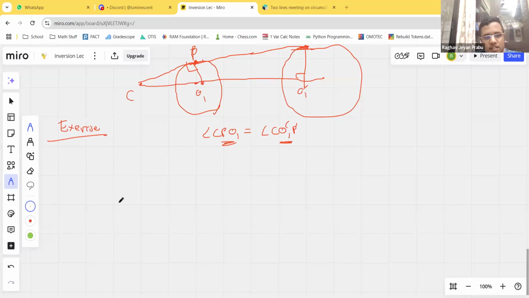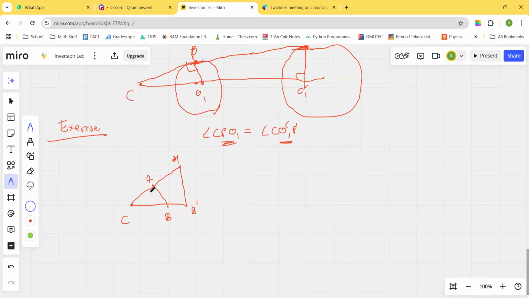Okay, so now you have seen what happens to lines, what happens to circles, what happens to angles under an inversion. Let's see what happens to lengths. So if I have, say, center C, and this is going to be A, B, and then A dash. A will map to A dash, B will map to B dash. So how can we predict A dash B dash? Does anybody have any idea?